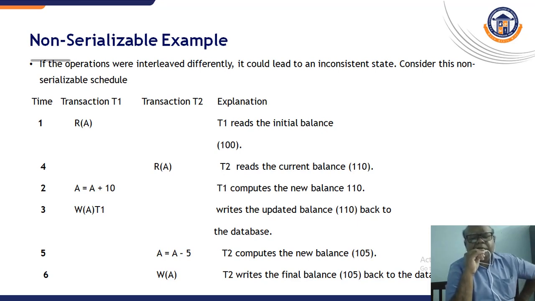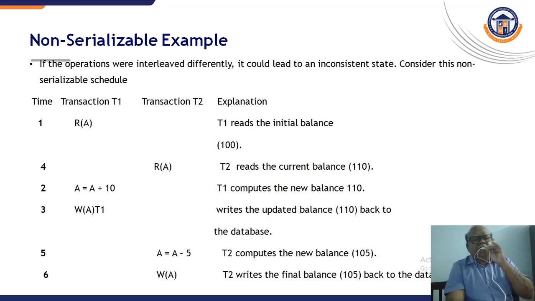And then here you can see transaction T2, because of interleaving, creates a lot of problems. So A minus 5, so 110 minus 5, 105, and it writes back to the database. Interleaved differently, it could lead to an inconsistent state.